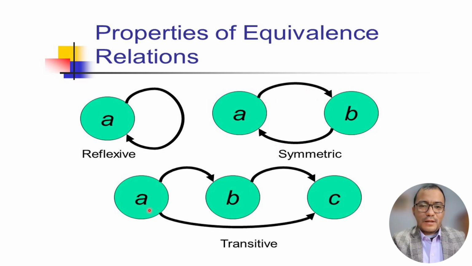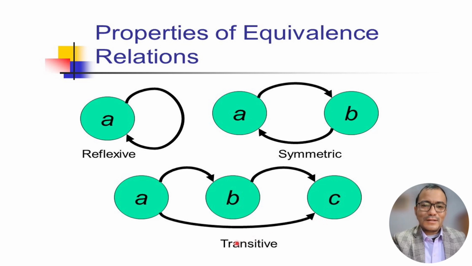The third one is transitive. If the ordered pair (A, B) exists in the relation, and (B, C) also exists, then (A, C) also exists in that relation.